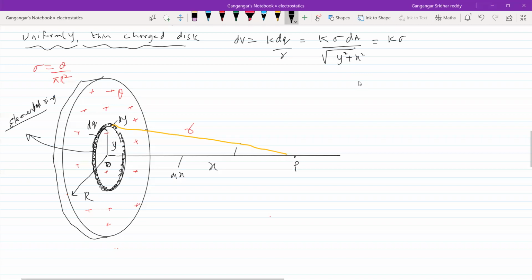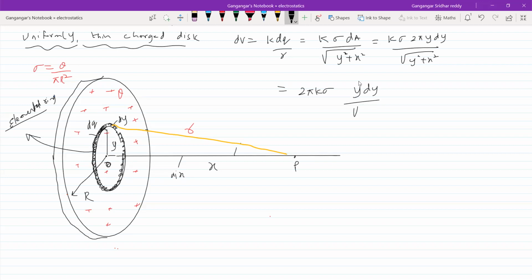Area of the circular strip. So dA should be equal to 2 pi y dy. So this will be 2 pi K sigma y dy by root of y square plus X square.